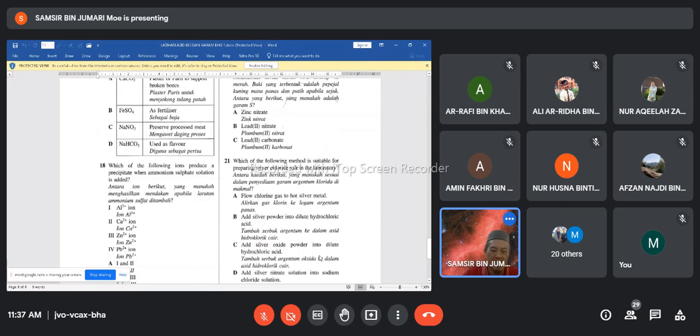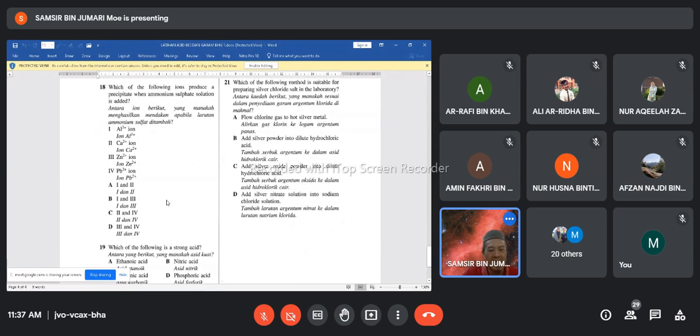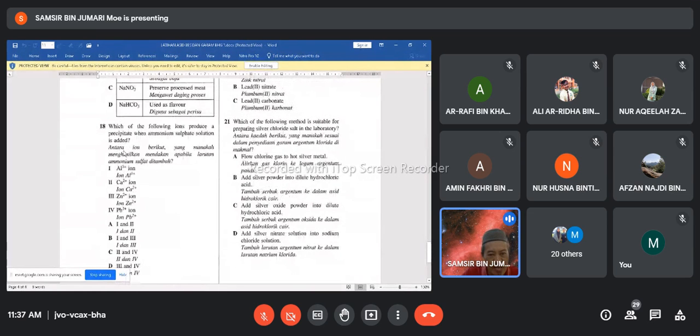Okay. Question number 18 here. Which of the following ions produce a precipitate when ammonium sulfate solution is added?